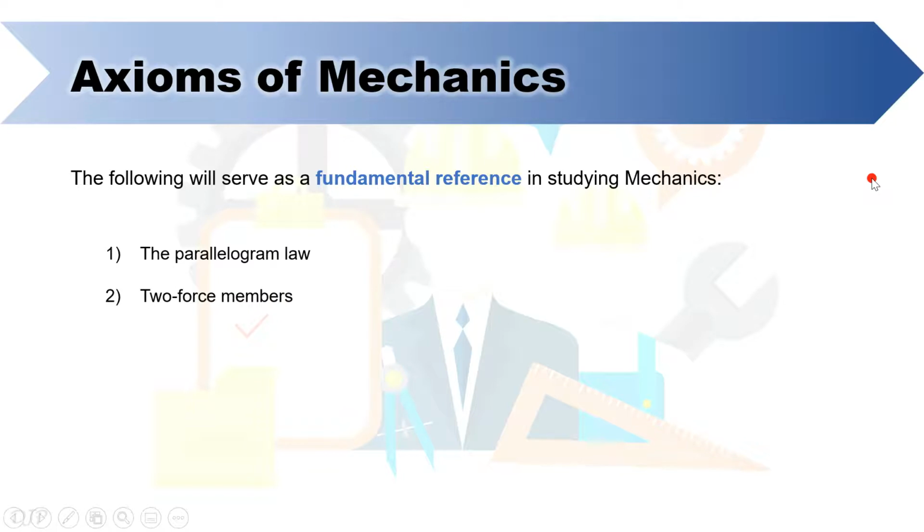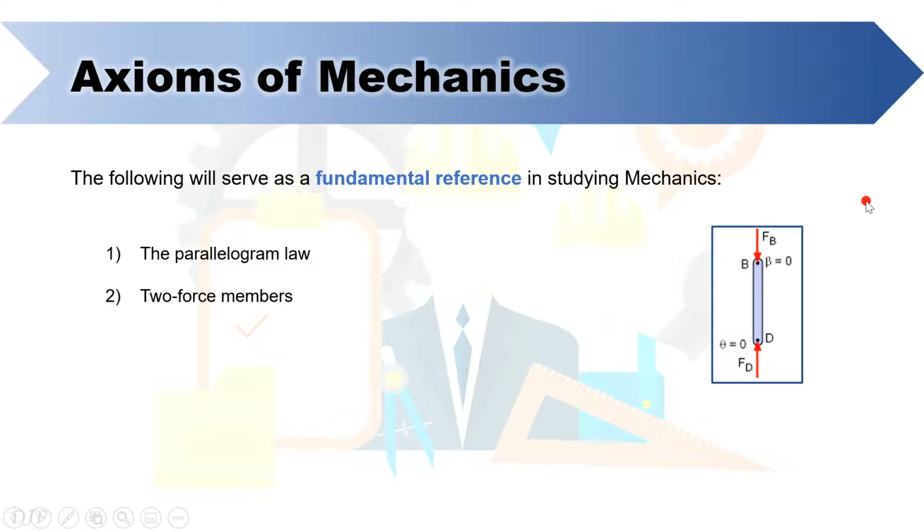Next is about two-force members. This figure from the previous slide is an example of a two-force member, which means that for a member or body, two forces are in equilibrium only when equal in magnitude, opposite in direction, and collinear in action.